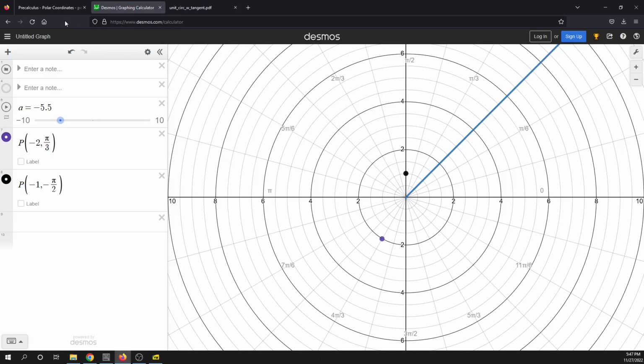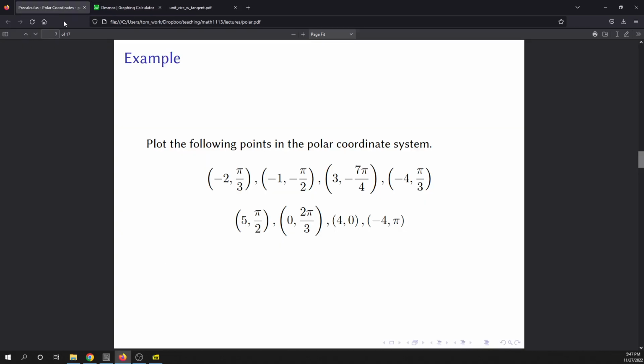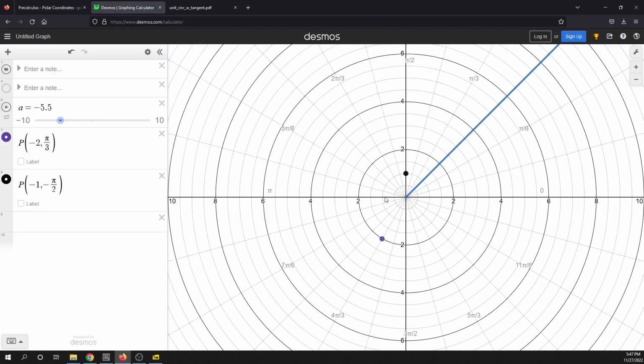Here the r is positive. So what we would do is imagine standing here and walk out 3 units on the ray, which would be halfway between 2 and 4. So right around in here is where that would be. Okay, so that point is (3, -7π/4), right in there.